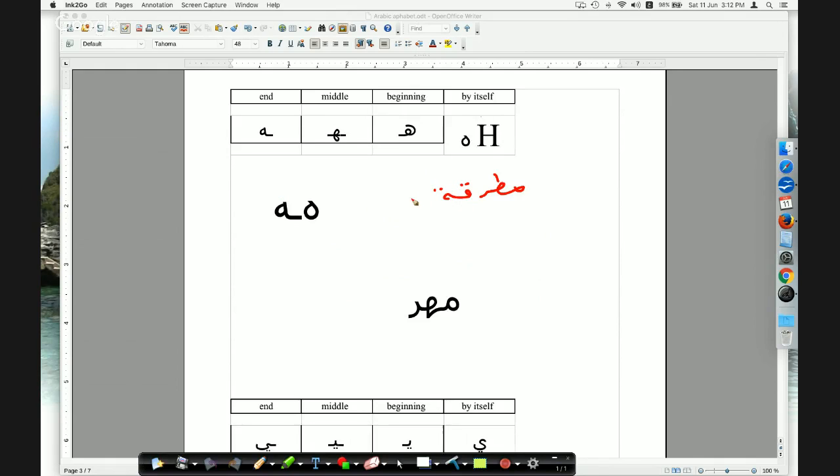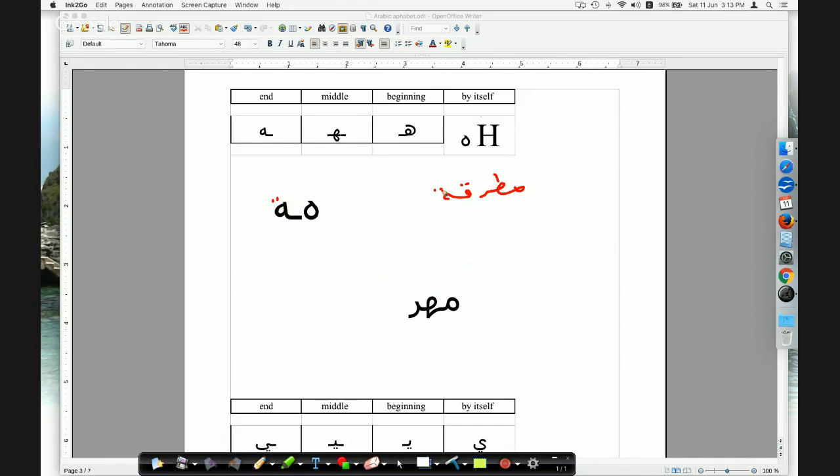This is ta. When I say mitraqa, I almost did not pronounce the ta at all. This is a light letter. You don't see that there are two dots. Mitraqa, but in fact there are two dots. So how will I know whether this is ha or this is ta? Simply, if we have those two dots here, that makes it ta, and if there are no dots, that makes it ha.